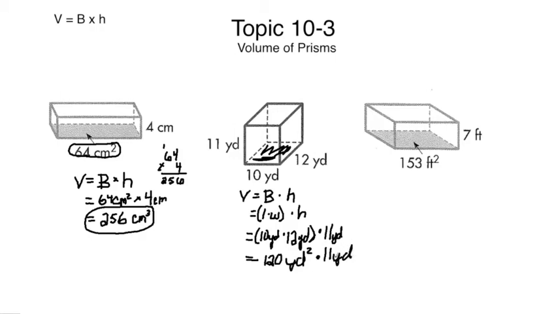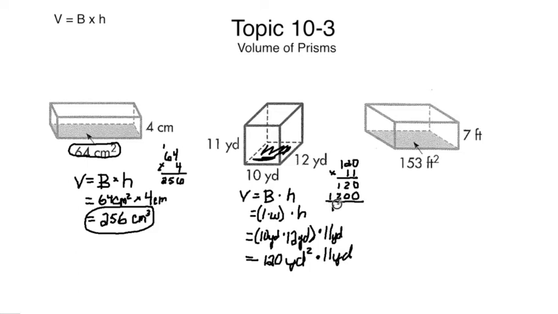Now what's 120 times 11? Well, we got to do a little work off to the side. 1 times 0 is 0. 1 times 2 is 2. 1 times 1 is 1. Now we're multiplying 120 by 10. Bring down the 0. 1 times 0 is 0. 1 times 2 is 2. 1 times 1 is 1.